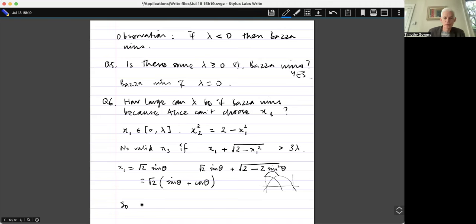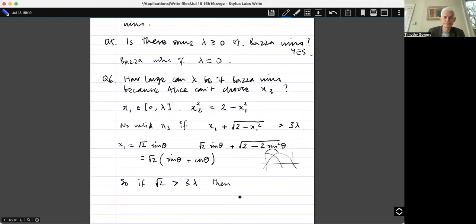So if root 2 is greater than 3 lambda, then Bazza wins at n equals 3, by which I mean Bazza wins at the point where Alice can't choose x3.